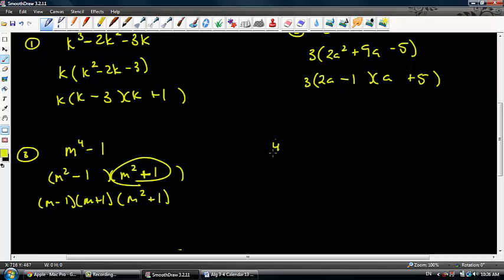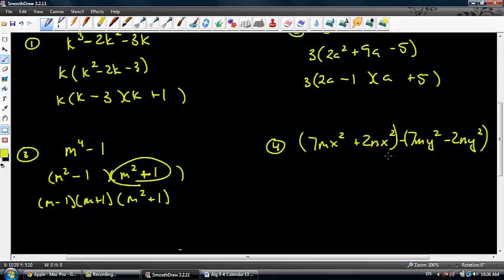Ooh, let's do something really, really messy. 7mx squared plus 2nx squared minus 7my squared minus 2ny squared. This one's kind of cool. Remember, 4-part polynomial? Think about factoring by grouping. So I can factor out an x squared from the front terms. I get 7m plus 2n. Then I can factor out a y squared from the back terms, minus y squared times 7m plus 2n.